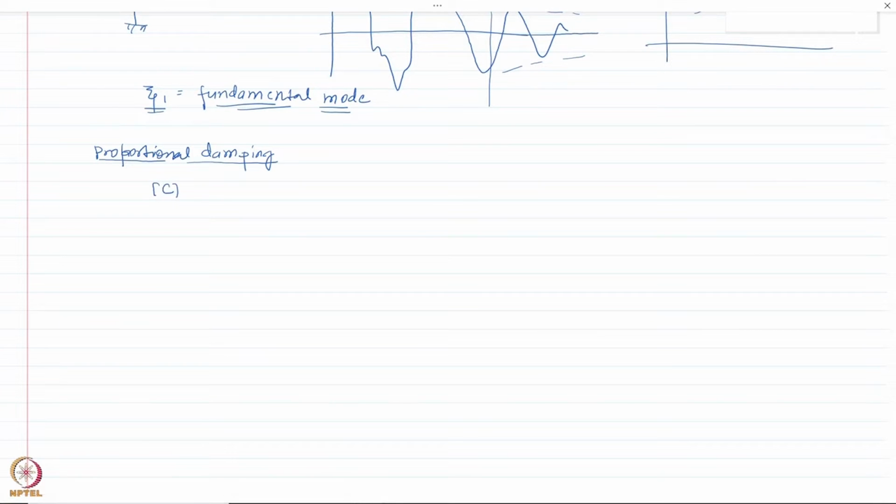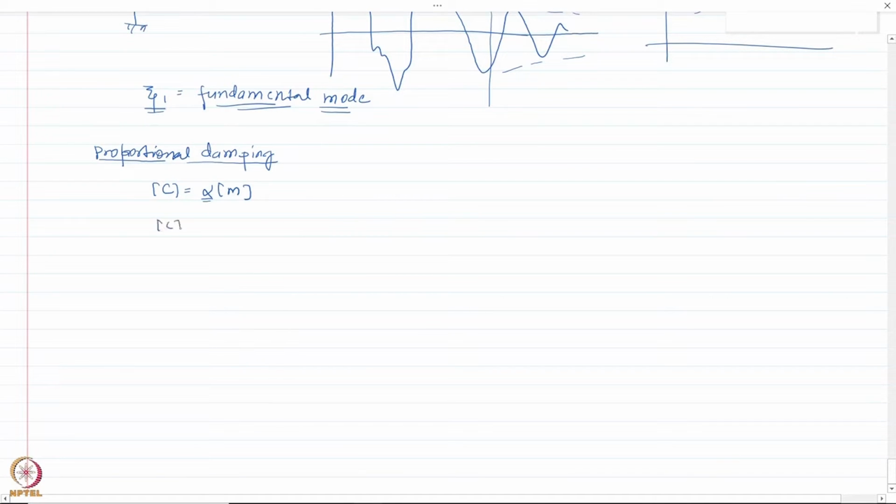The basic requirement is that the damping matrix should be classical, or we should be able to diagonalize the damping matrix. Now we know that mass and stiffness matrices are symmetric and they can be diagonalized. So if we can write down our damping matrix as a linear multiplication of, let us say, the mass matrix, the resulting damping matrix would be a diagonal matrix, if we can find out this factor alpha here.